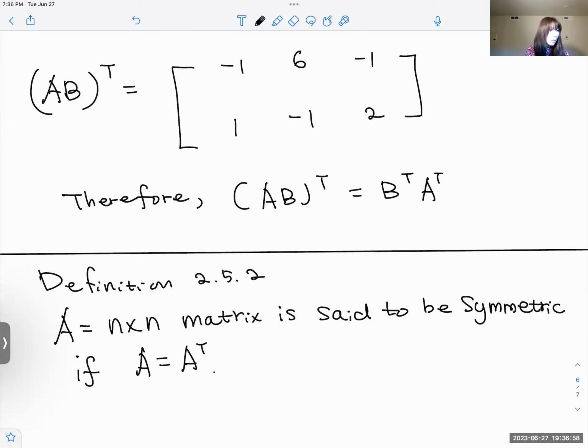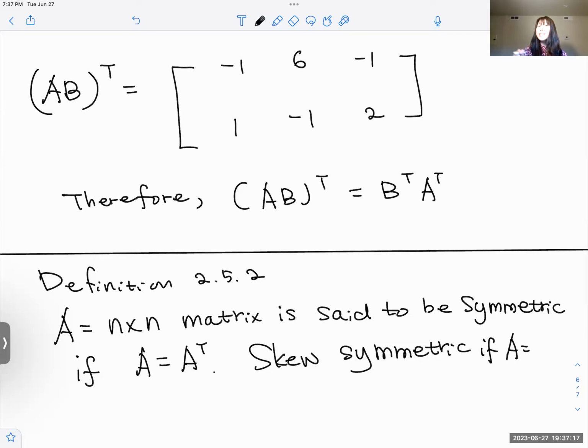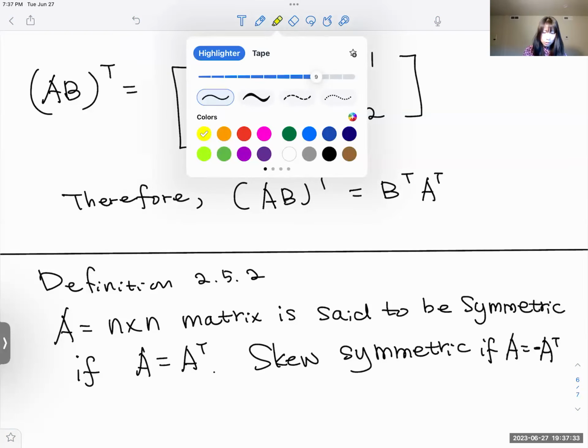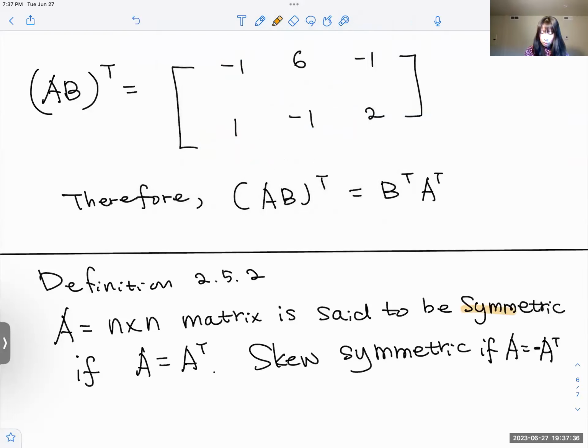And it is said to be skew symmetric if A equals the negative of the transpose of A. Terminology.